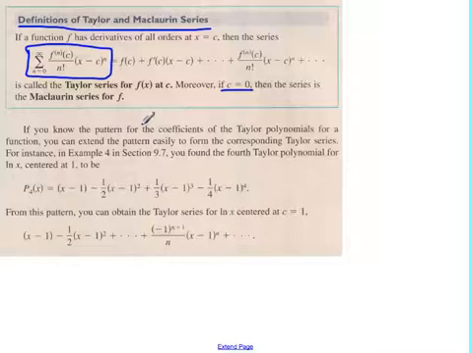So it says if you know the pattern for the coefficients of a function, you can extend the pattern to form the Taylor series. So let's look back at something we did in the last section, which was finding a fourth order approximator for the natural log of x by just taking the various values of it. I'm not going to go back and do that, but this was the fourth order approximator for that.